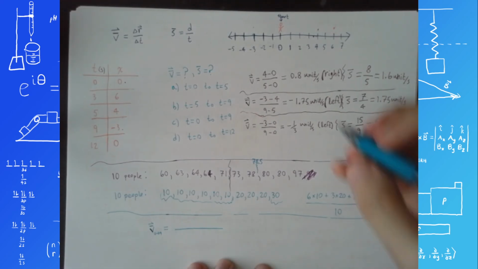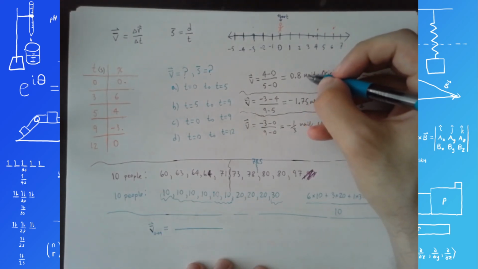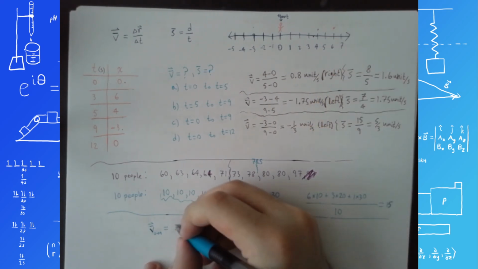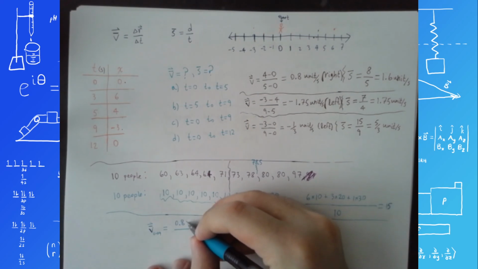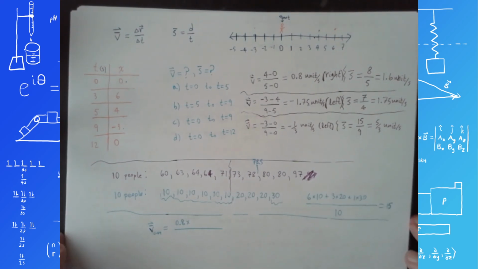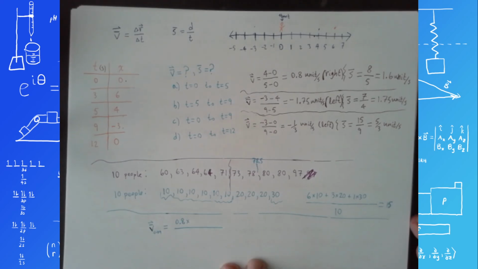what I actually want to do is take my V average from 0 to 5, my 0.8, and multiply it by the amount of time that it spends contributing to the average.